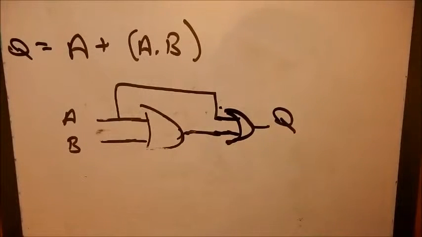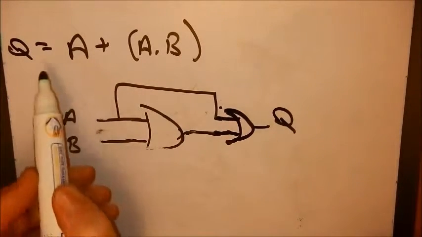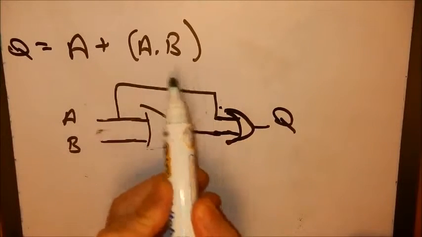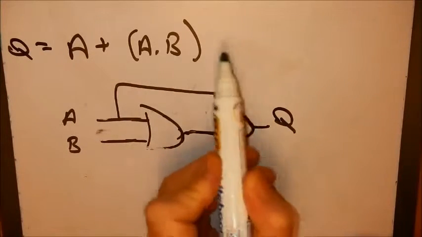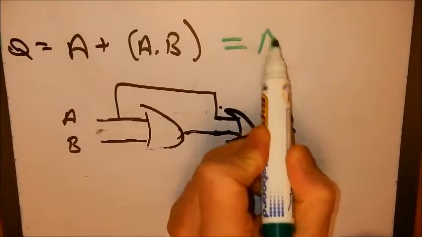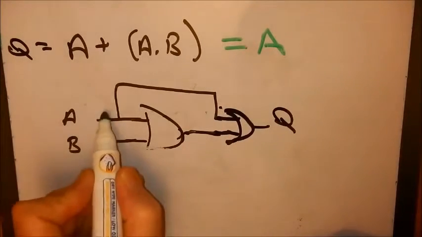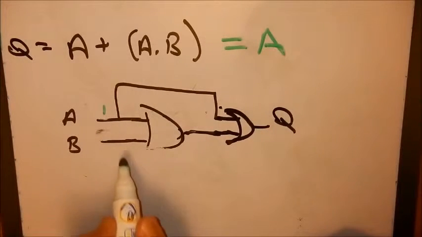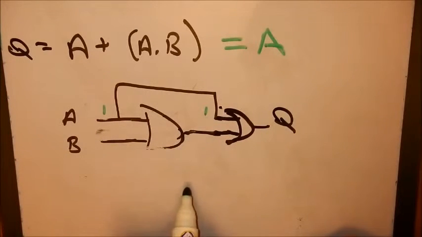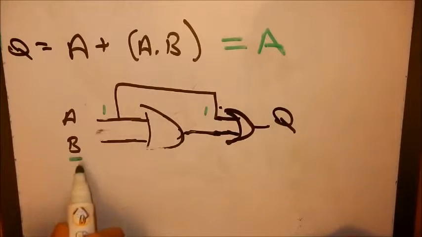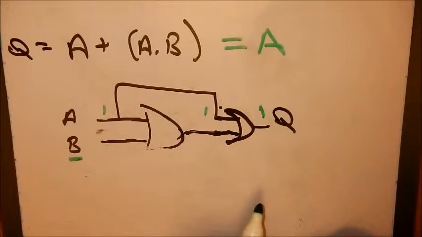Okay, this is one of the identities that you should really know, but let's prove that A ORed with A and B is actually equal to A. Well, let's consider the case if A was a 1 here, so regardless of the value of B, we're going to get a 1 here.